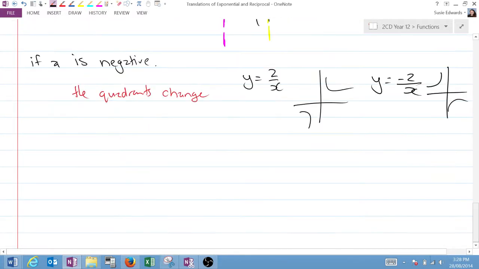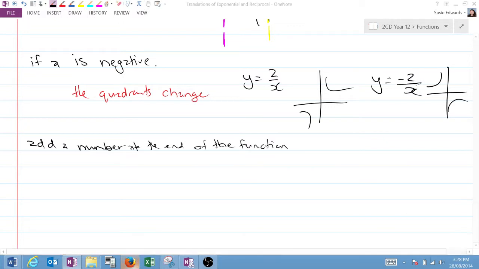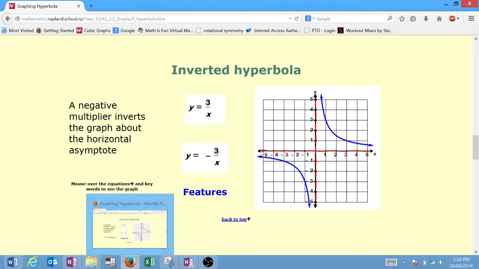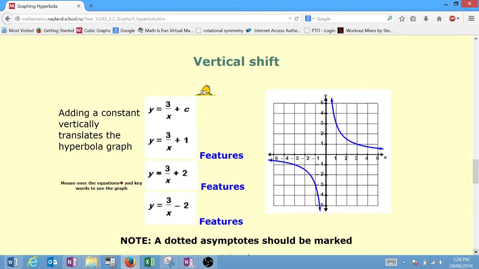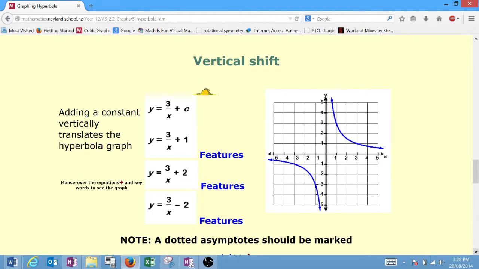What about if we add a number at the end of the function? Same rule as before, plus 1 means we move up by 1. Notice in red it actually shows you the asymptotes as they move up.